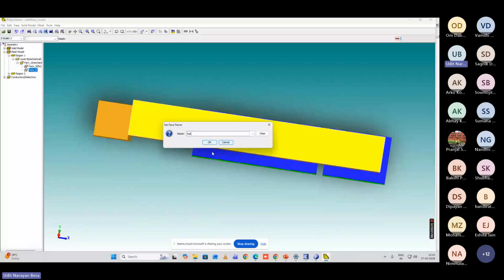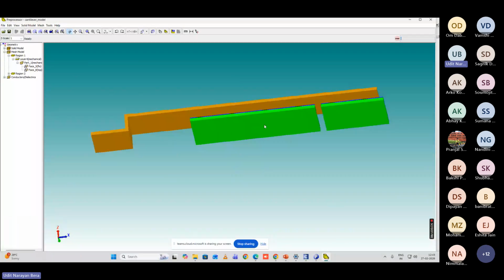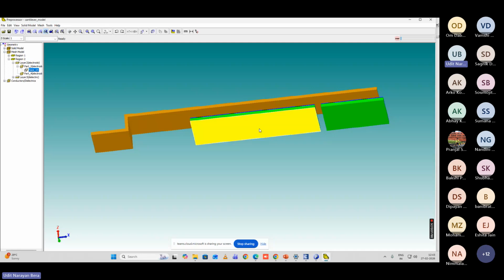Okay. Now another thing we will require in this simulation is the actuation electrode, where you will be applying the voltage, so that there will be an electrostatic force attracting the cantilever down. So this one, let me point it out. Let's take the name as actuation electrode, where we will be providing the voltage.